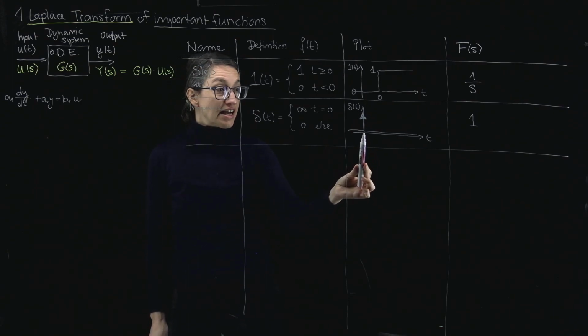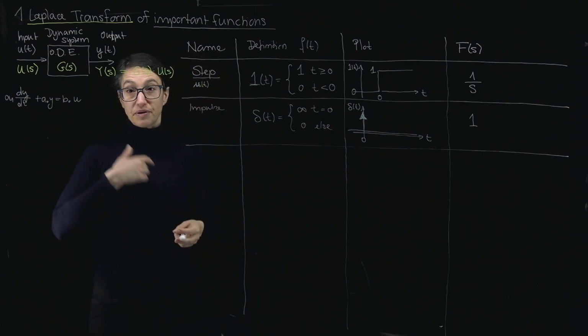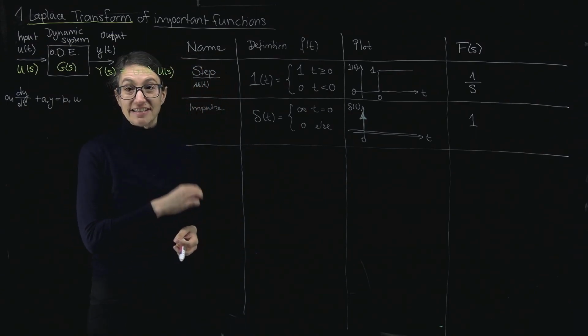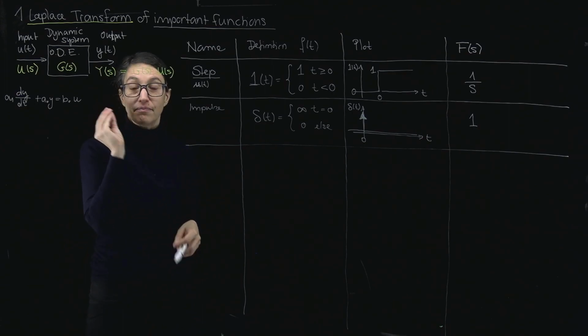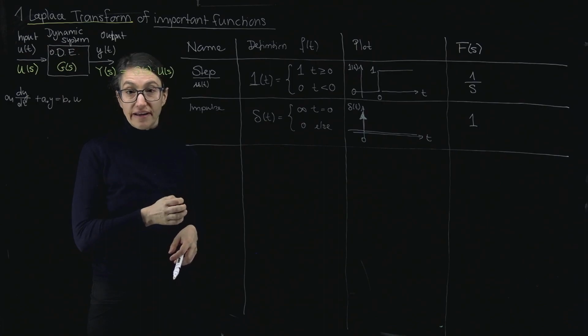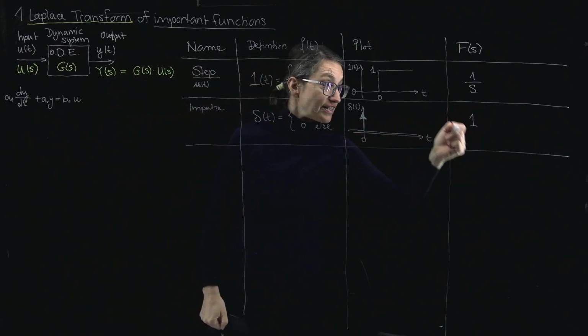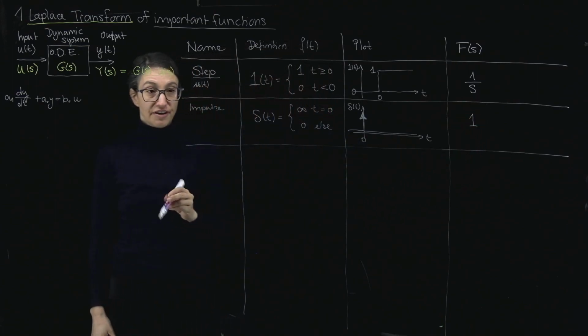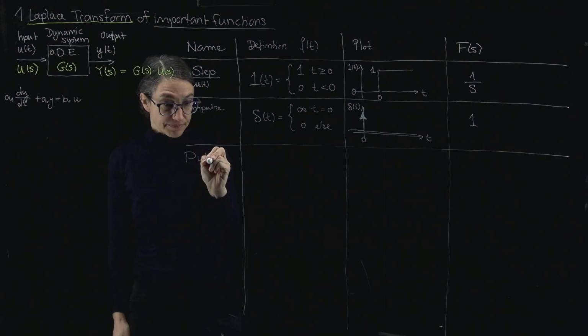And we do this at time t equals 0. We multiply this in the Laplace transform with e to the minus st, and it's 0 elsewhere, and it's this area 1 at time t equals 0. So we end up with this value here of 1. So that's very nice.